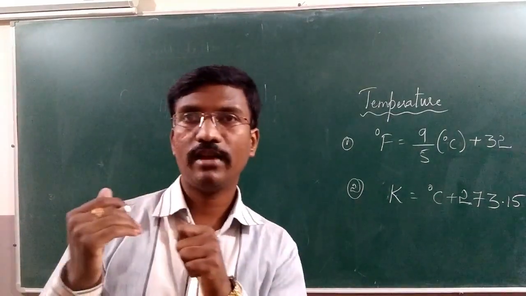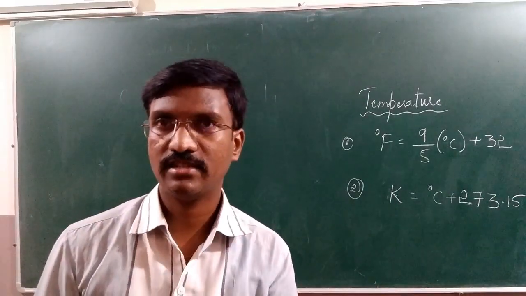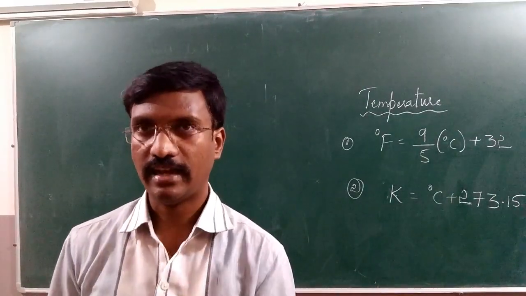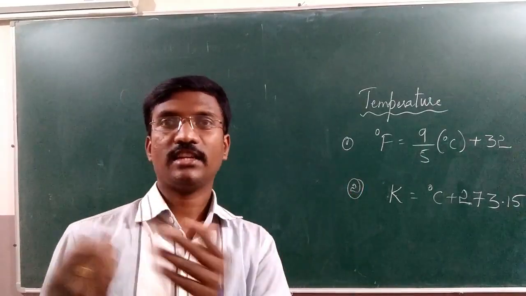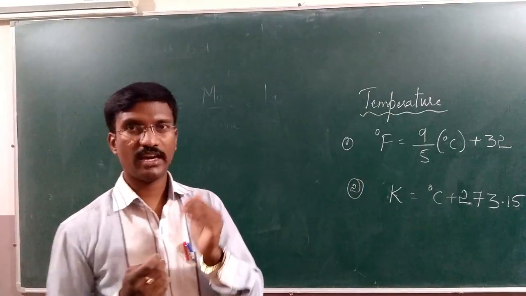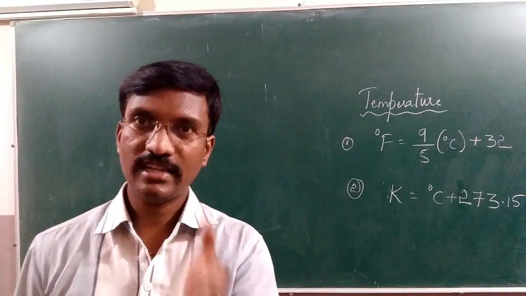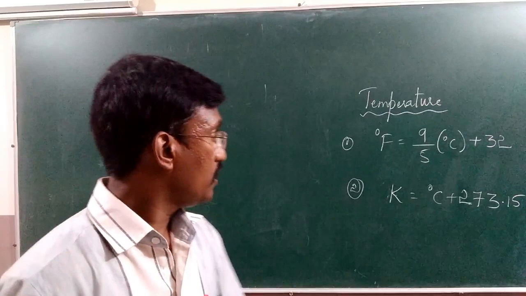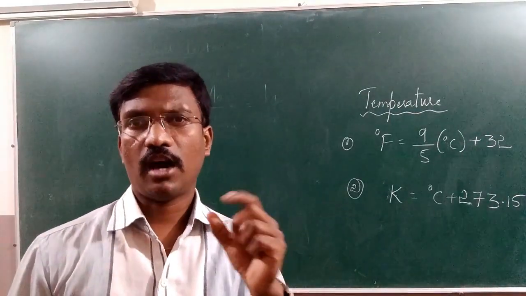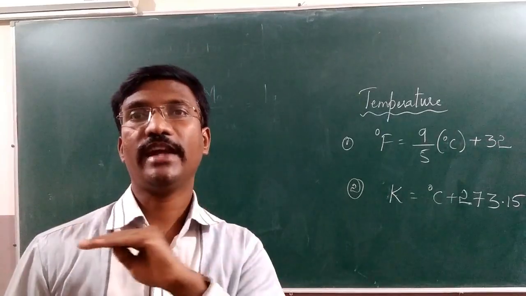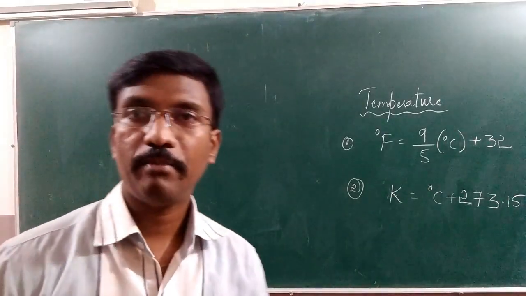Commonly we say 25 degrees is the room temperature, 27, 30 like that, and the maximum temperature is 41 in Gulbarga like that. But the SI unit is Kelvin. We use Kelvin in almost all the education and industrial fields. But Fahrenheit can be observed in the medical field.